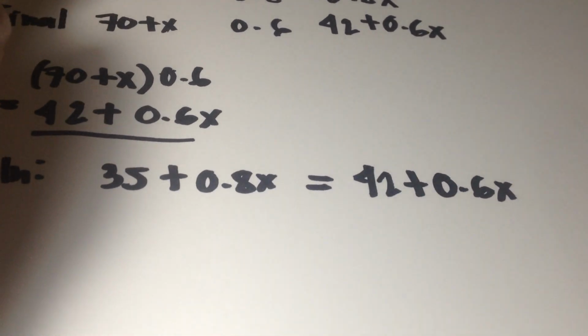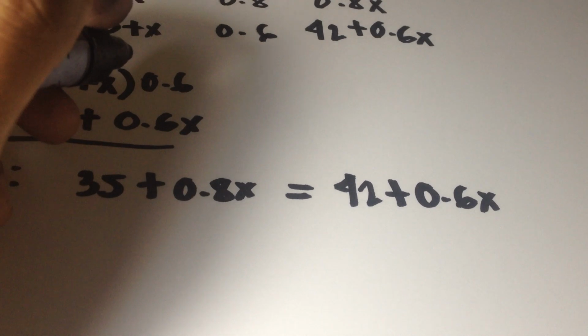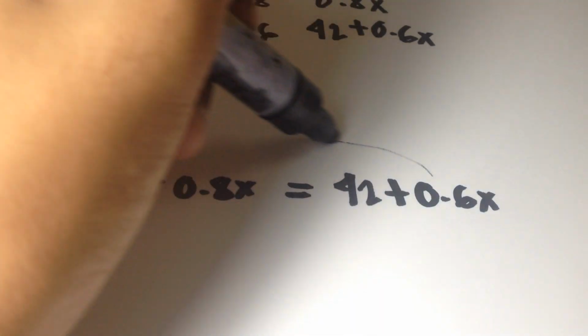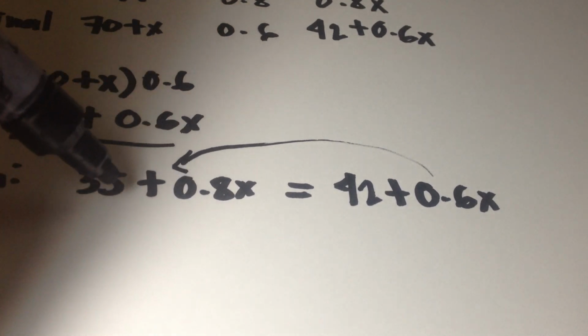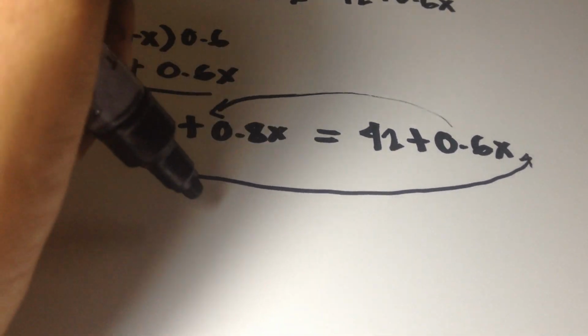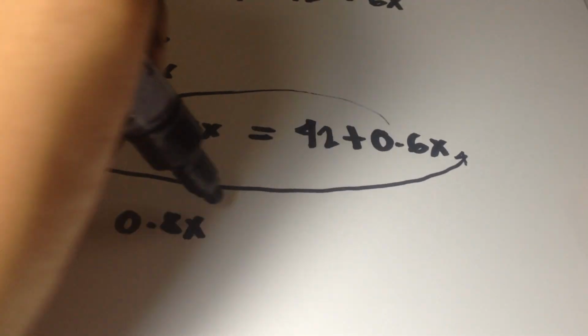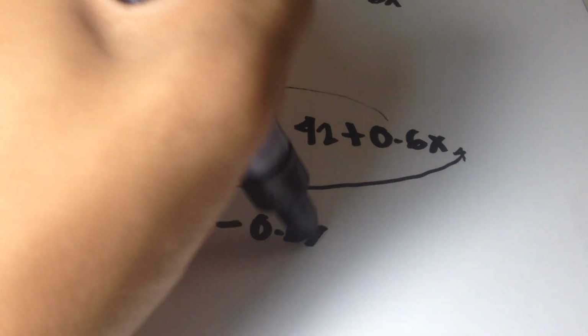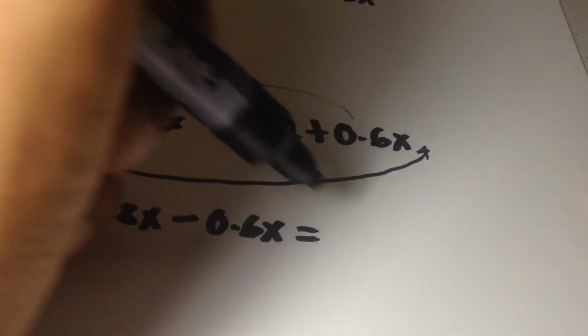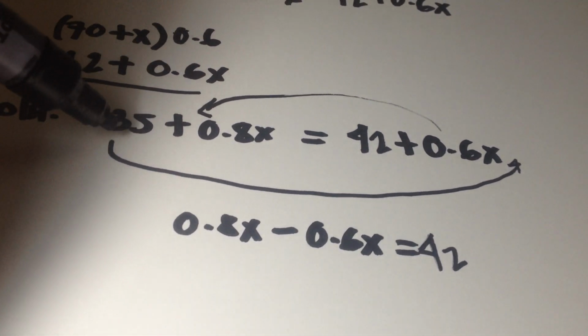Alright, we need to transpose: transpose 0.6x from here and transpose 35 from here, then combine like terms. So 0.8x minus 0.6x; from positive, when transposed, it becomes negative. It equals 42, and 35 becomes negative 35, so minus 35.